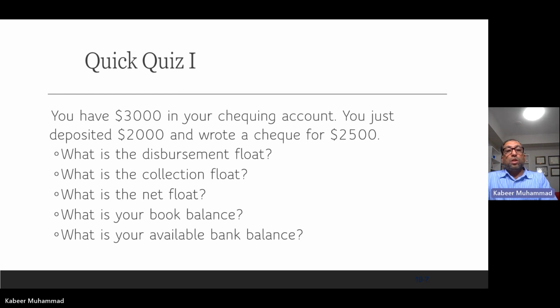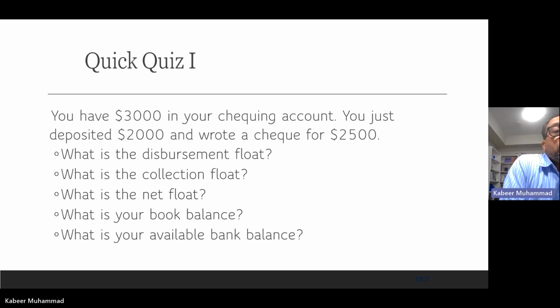If you see, you have $3,000 in your checking account. You just deposited $2,000 and wrote a check of $2,500. So three pieces of information are given, very carefully. One is that we already have this much amount in our bank.